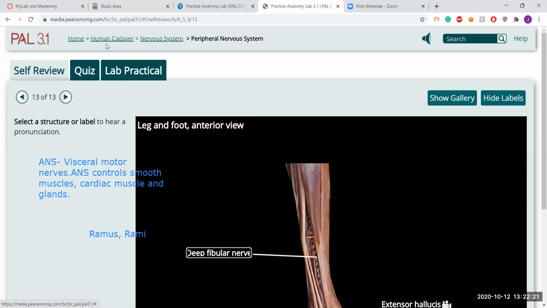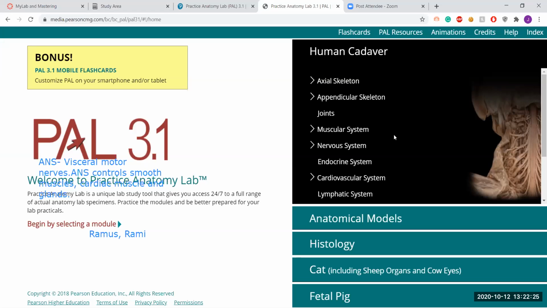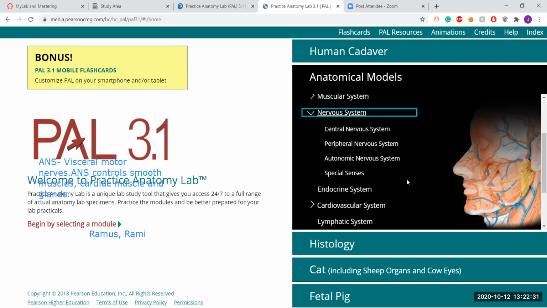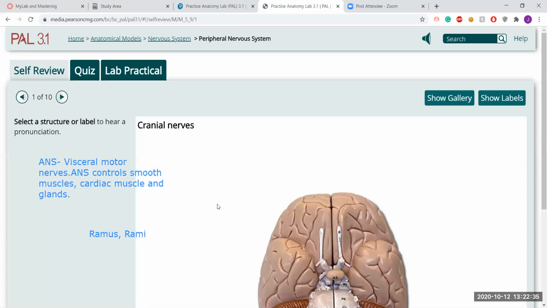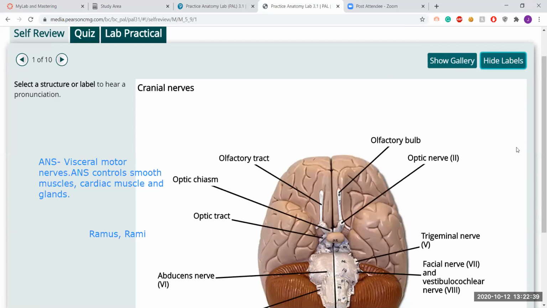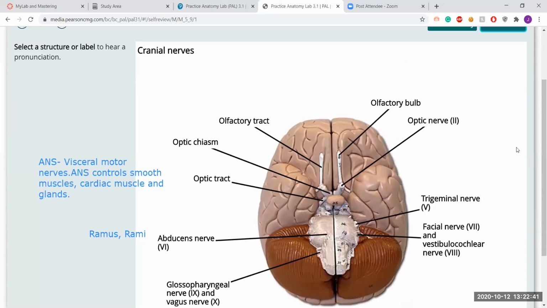So let's go and see the peripheral nervous system in the anatomical models. So it will be easy. So we did the levels in the real cadaver, now the same structure in the brain model.